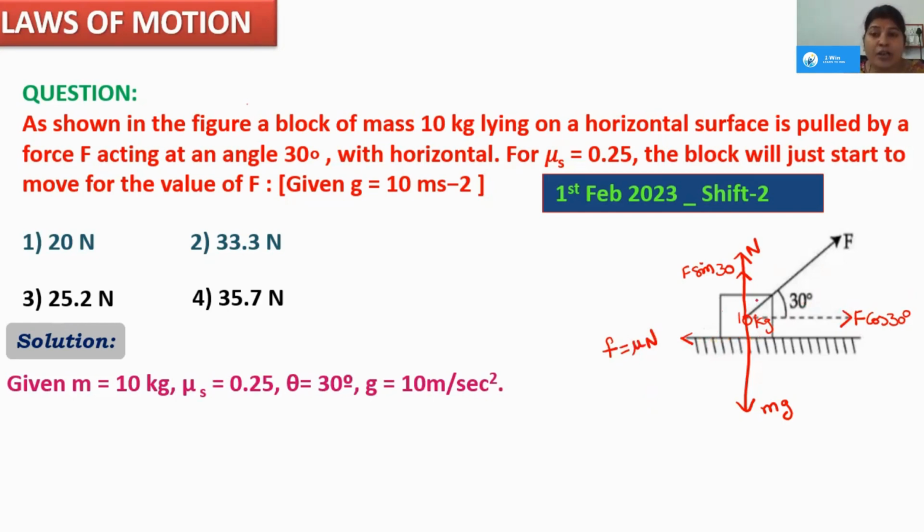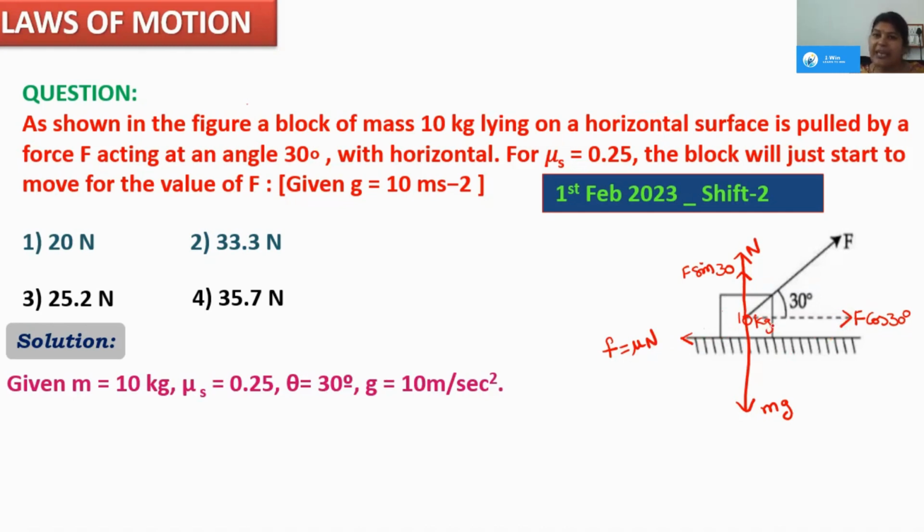Now, this block is just ready to start moving. So at the tendency of motion, along the horizontal direction, the net acceleration is 0. Whatever force acts along this direction is balanced by the net force acting horizontally in the opposite direction.